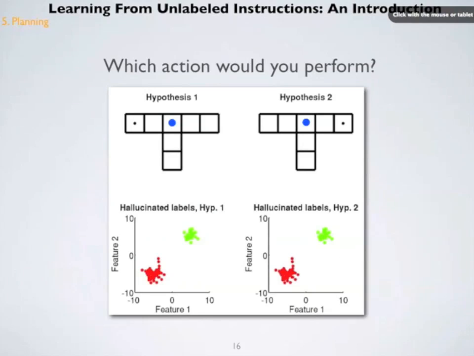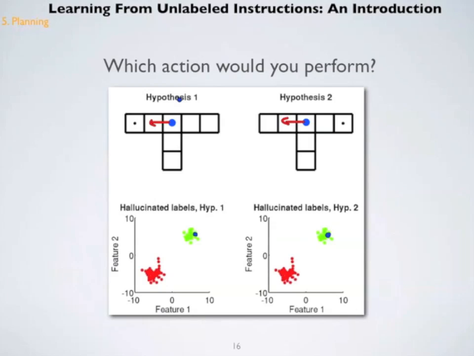So what would you do to differentiate the correct hypothesis? Well, now it seems obvious that you want to take an action where both hypotheses disagree. This is, for example, going left. By going left, you will receive one signal, let's say here, and you will assign labels.